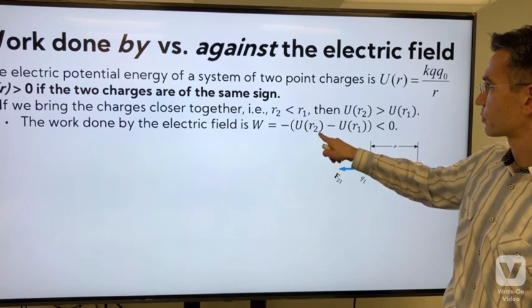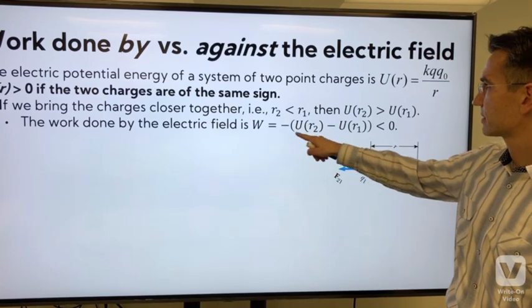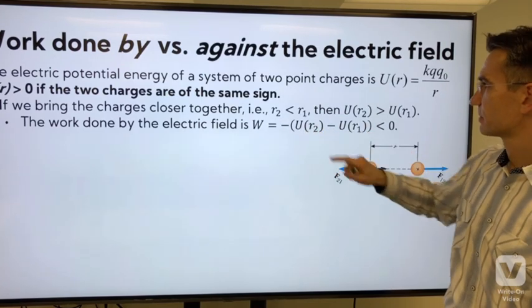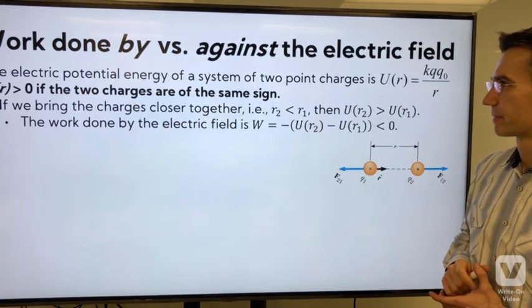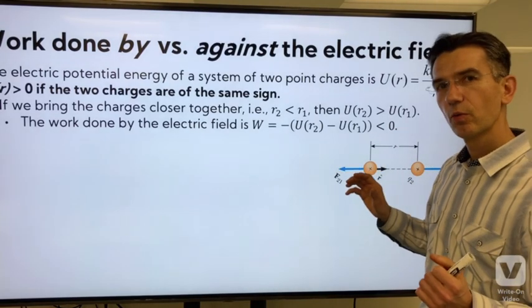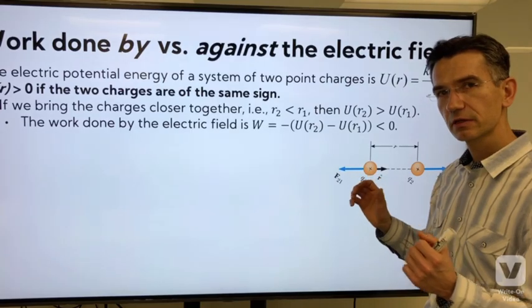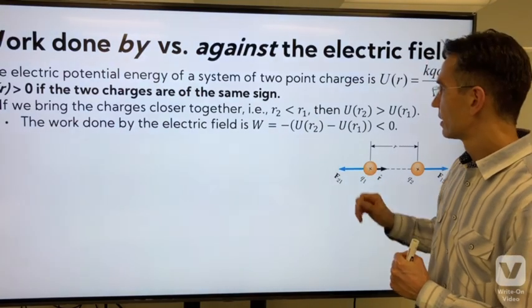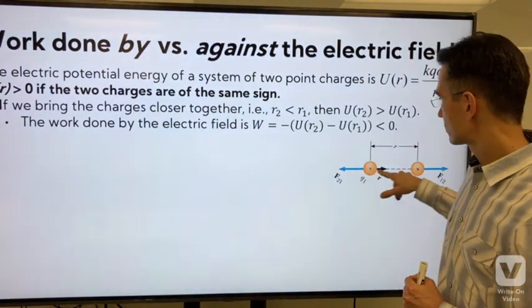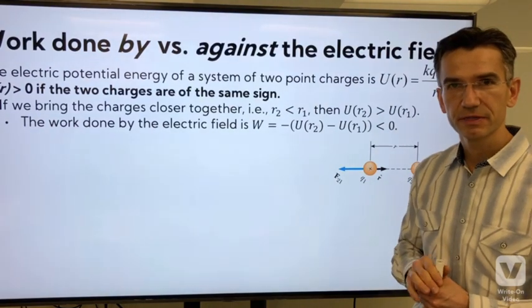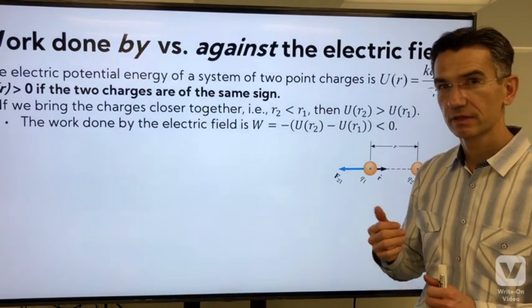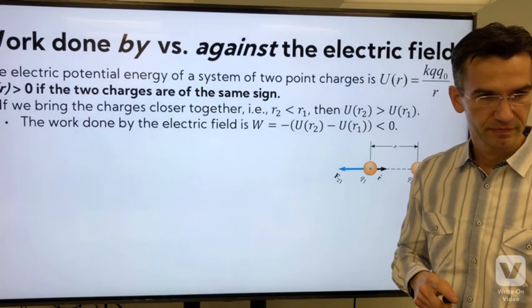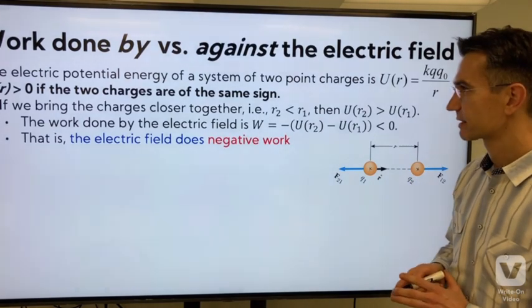And because this is greater, U(r2) minus U(r1) is a positive number, with the minus in front it is negative. So when the charges are being brought closer together, and the charges are of the same sign, the work done by the electric field is negative. The electric field does negative work in this case.